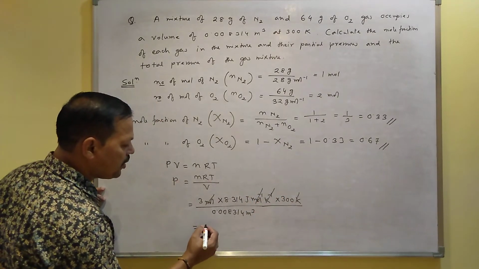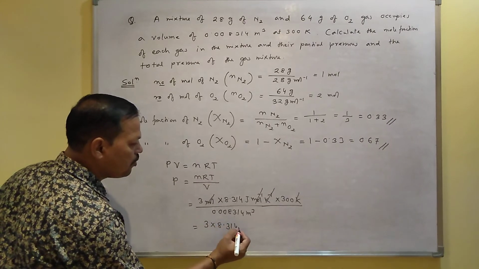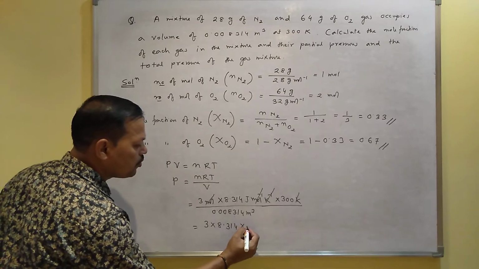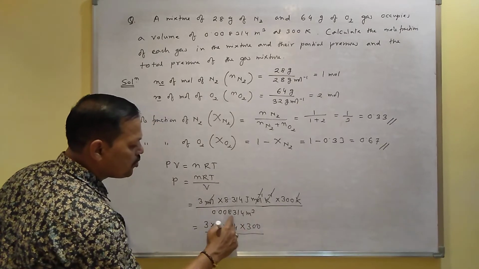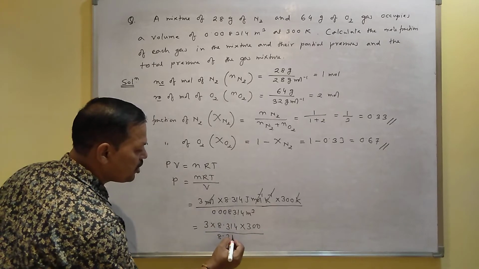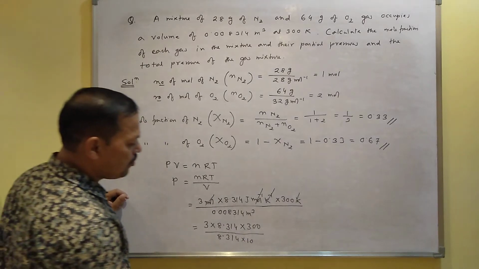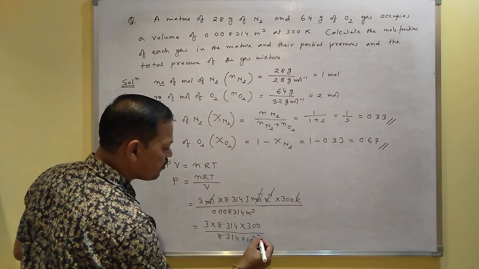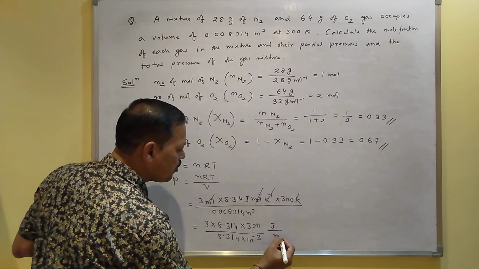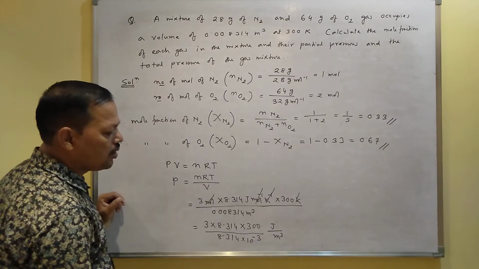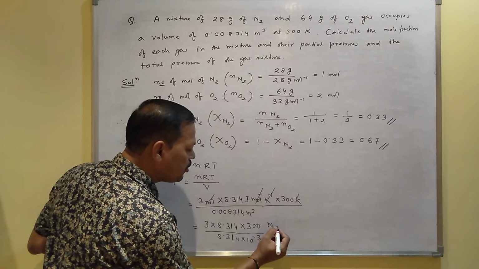So this equals 3 into 8.314 into 300 divided by 8.314 into 10 to the power minus 3. Unit goes to joule per meter cube. As you know, joule means Newton into meter.